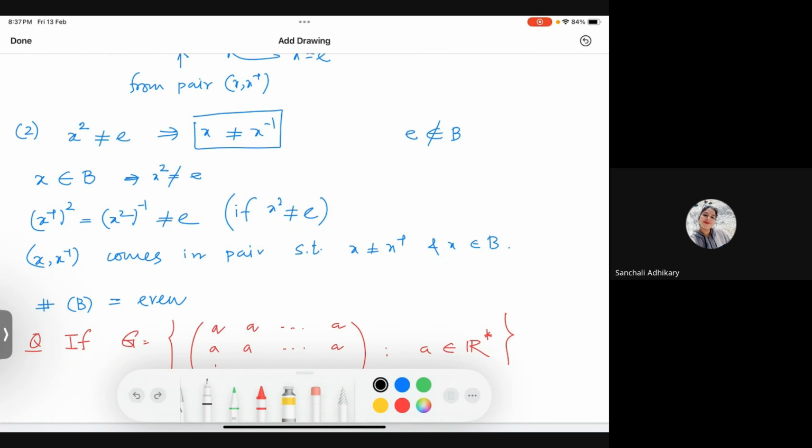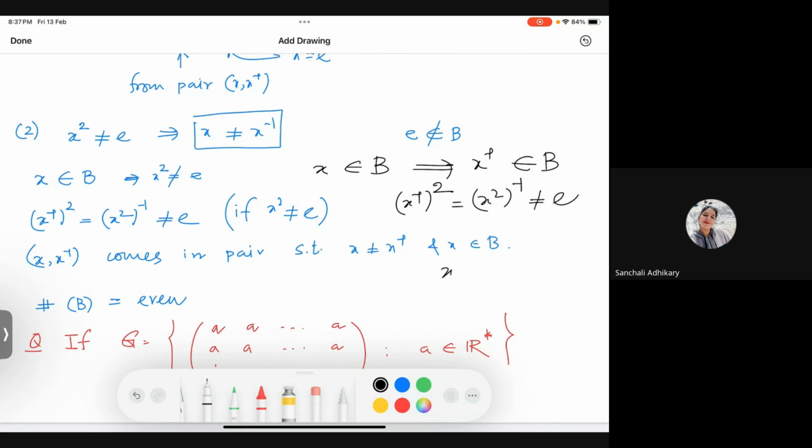Now, if x belongs to the set B, then x square is not equal to identity. Observe one thing: if x belongs to B, it will imply x inverse also belongs to B. Why? Because x inverse, its square, means x square, its inverse, is not equal to identity.